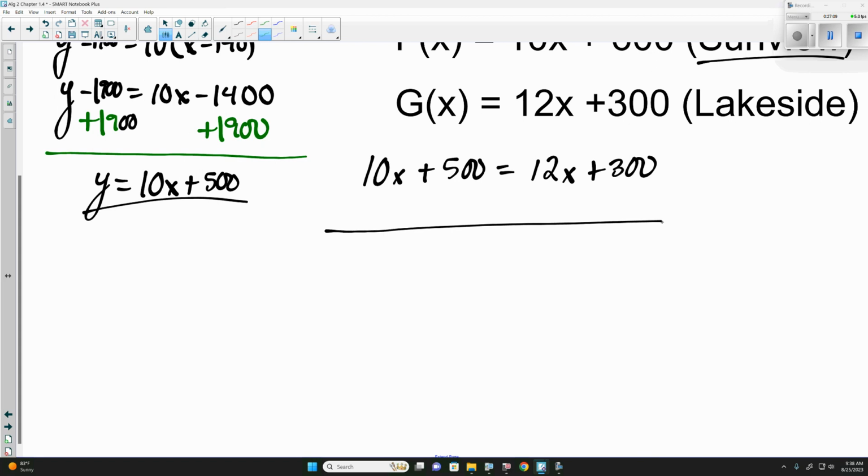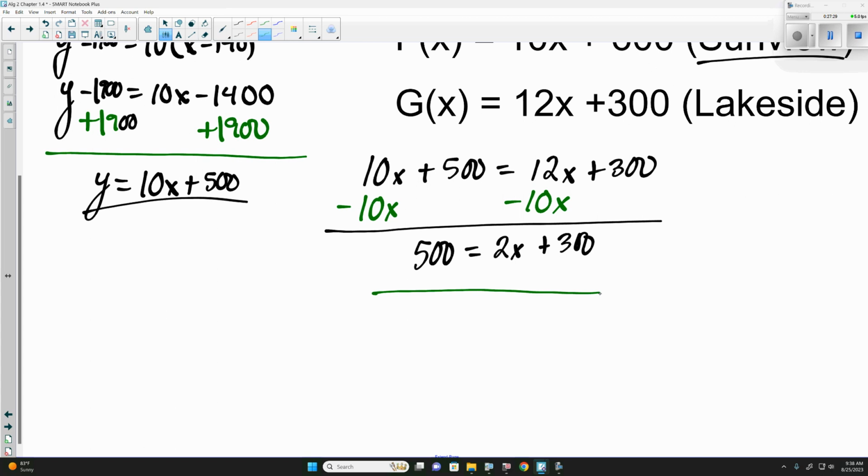And again, we're just going to solve. So the first thing we can do is what? Minus 10x from both sides first this time. Telling us 500 is equal to 2x plus 300. Then we would subtract 300 from both sides.